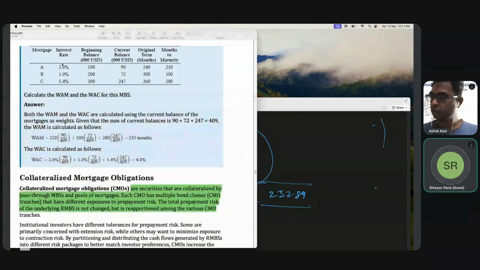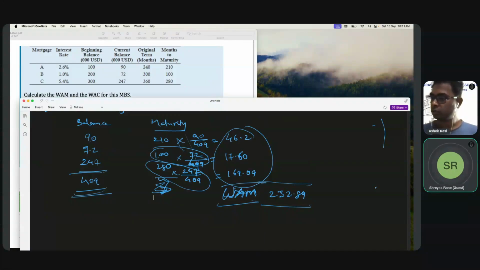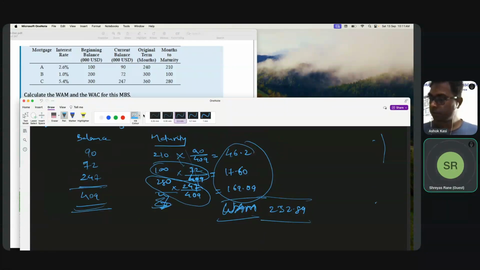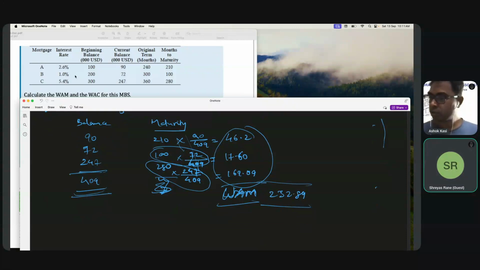For the coupon, they have given the interest. So similarly, 2.6 percent into 90 by 409. This is the weighted average coupon.